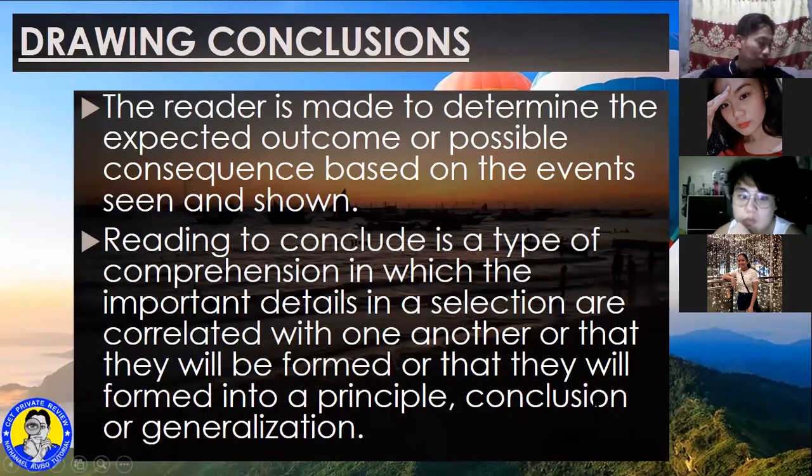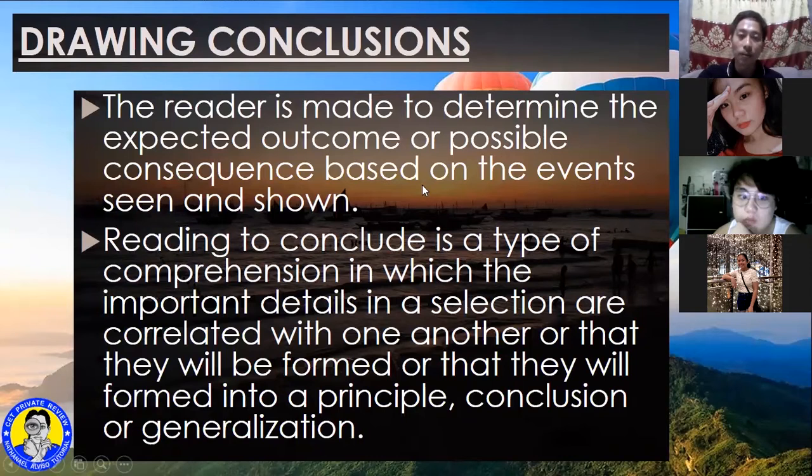Okay. Then after inference, we also draw conclusions. For inference, we look for the details that are not mentioned but are implied. For drawing conclusions, we look for the details that are written in the passage, and based on those details, we form a conclusion.